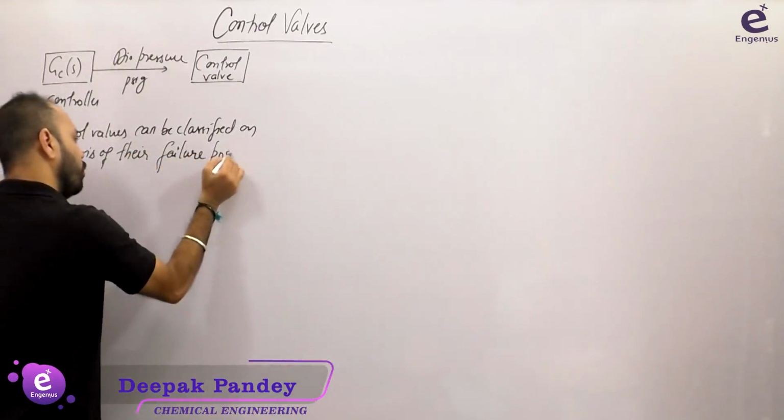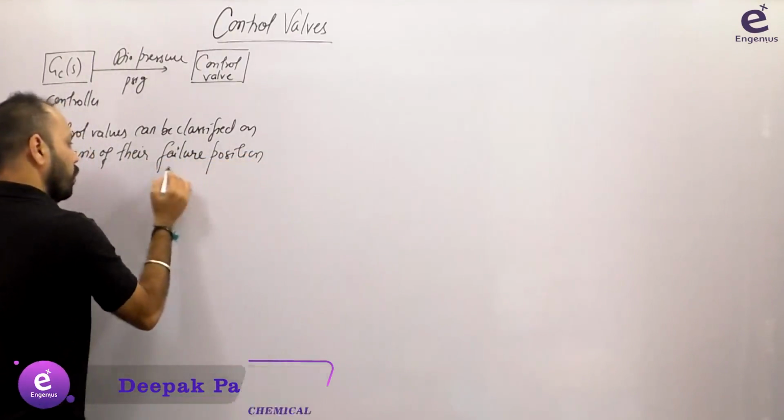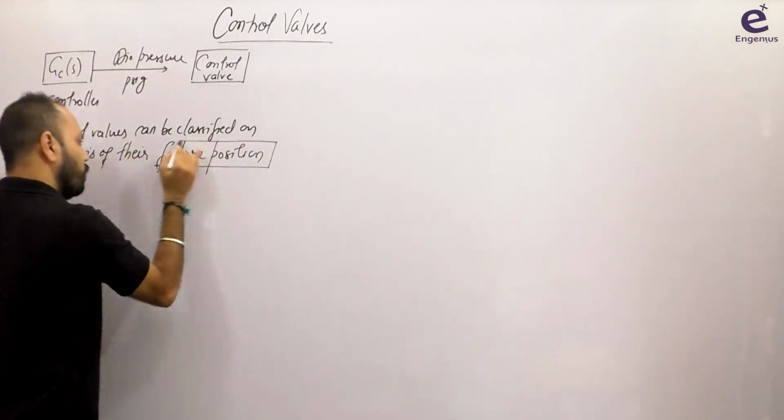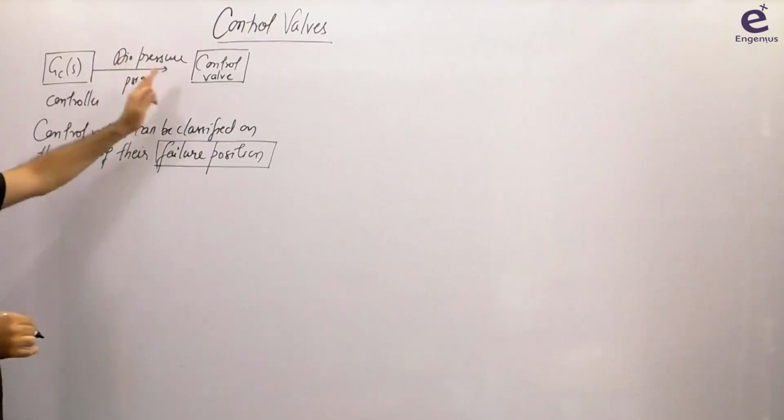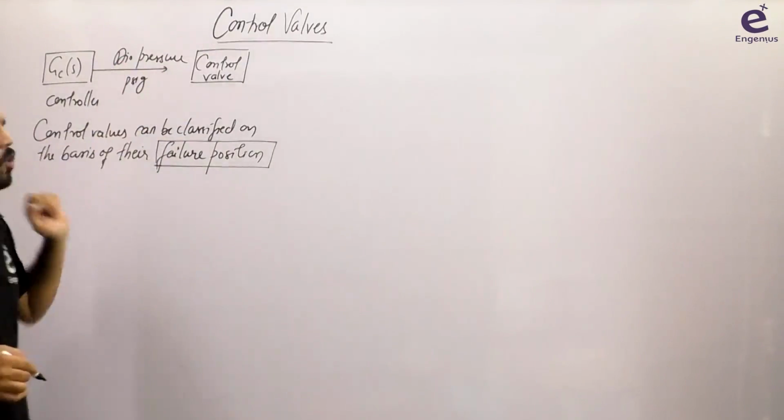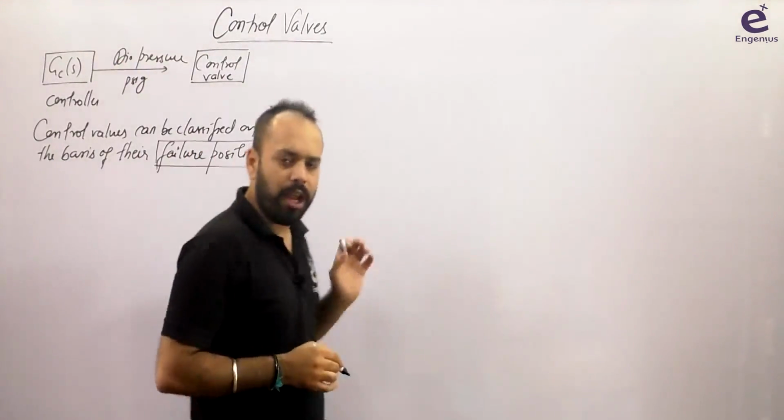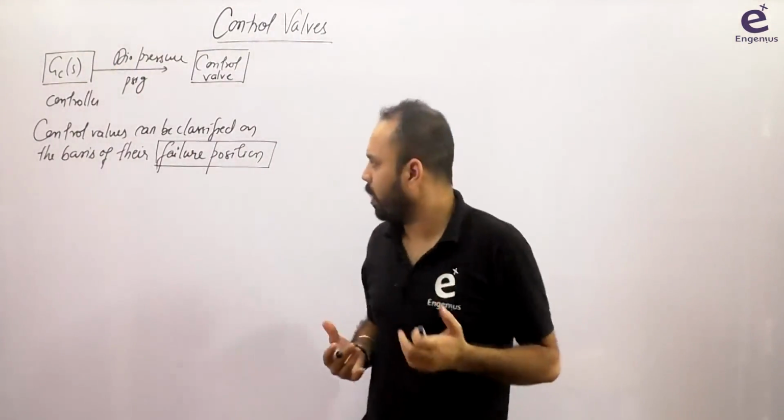What is the meaning of failure position? Failure position means when this supply fails, then what is the situation of the valve? Fail condition. What is the meaning of fail condition?